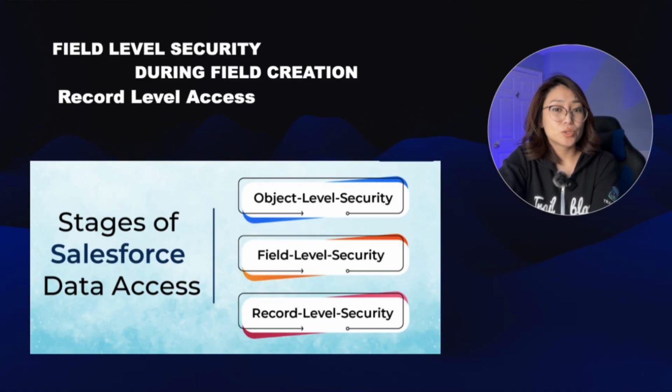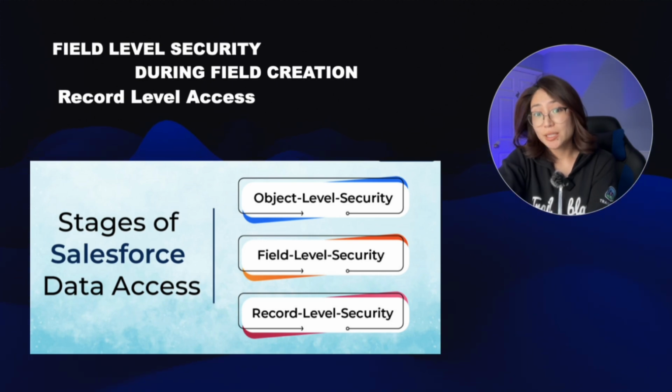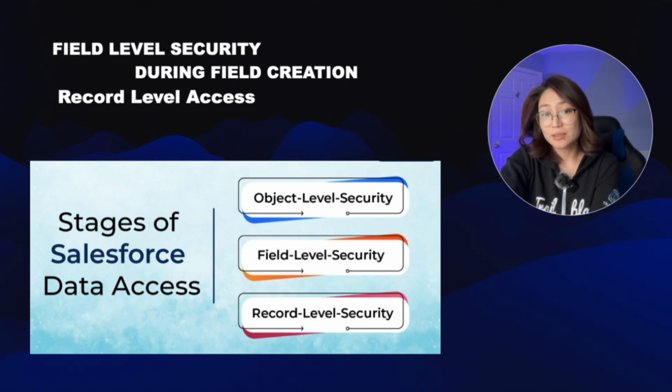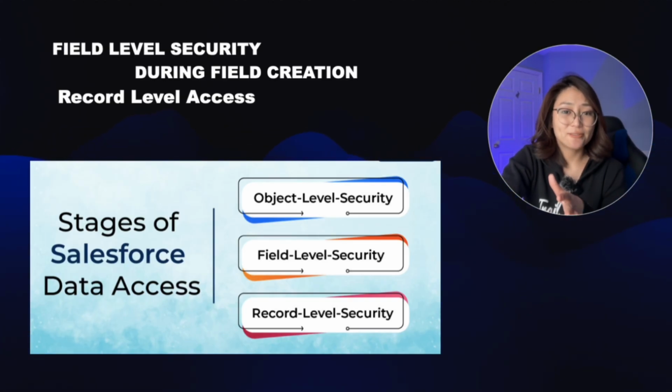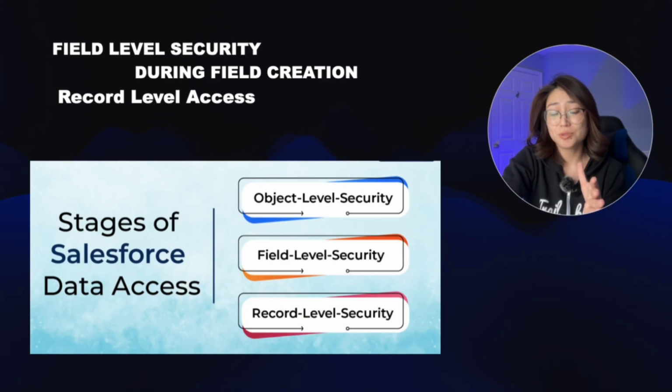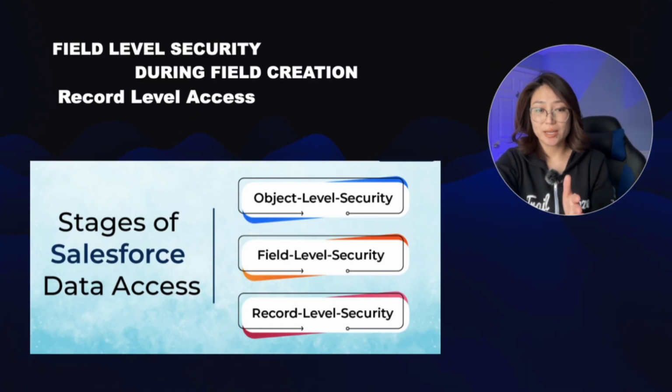And also, let's talk about record level access. Even if users have access to the same object and the field, they may not be allowed to see the same record.